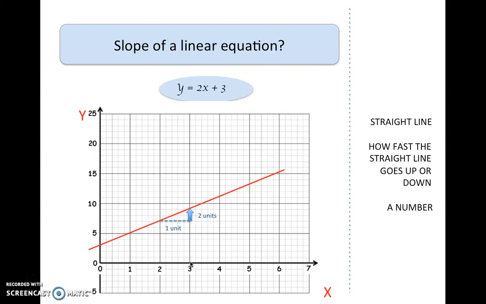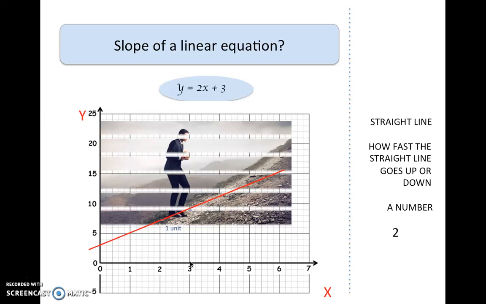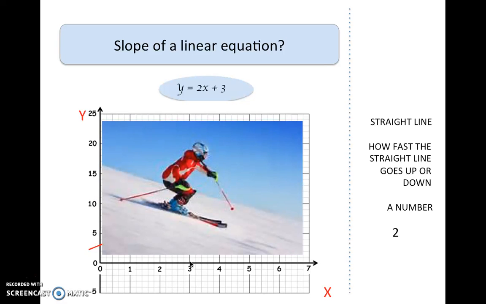A slope is always a number. In this case, it is number 2. This slope is upwards. It looks more like someone walking uphill. When we think of the ski slopes, actually it looks more like a downhill slope. It is a negative slope.